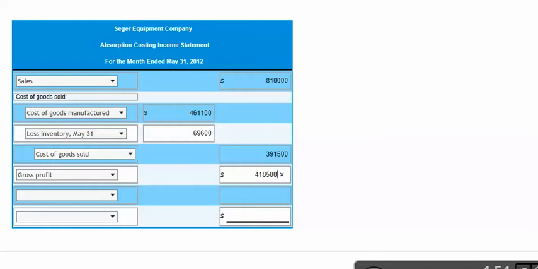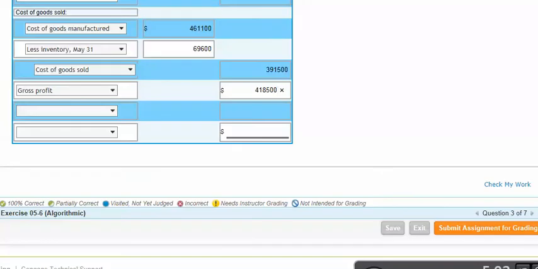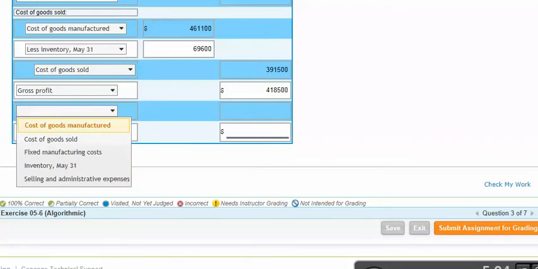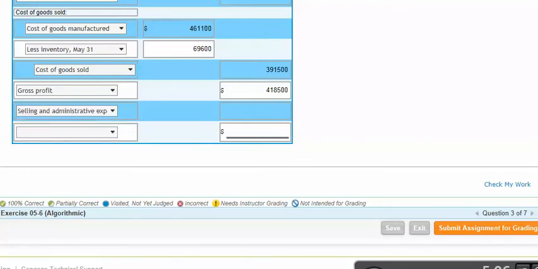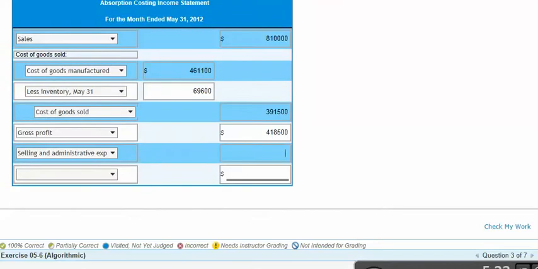I'll have to subtract my selling and admin expenses, both variable and fixed. So here I'm going to add the 54,000 fixed selling and admin expenses to the variable selling and admin expenses of 216,000. So that's going to be 270,000. Just adding those up.